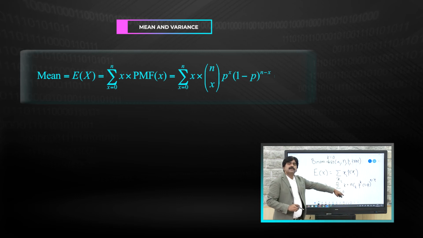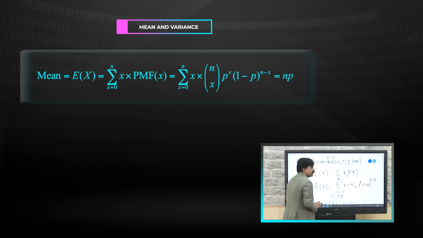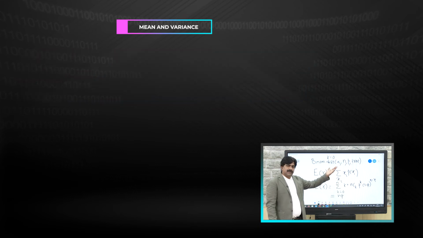When we simplify this, we will get the value n times p. So np is the expected value of a binomial random variable. Similarly, we can calculate the variance of the binomial random variable using the generic formula.